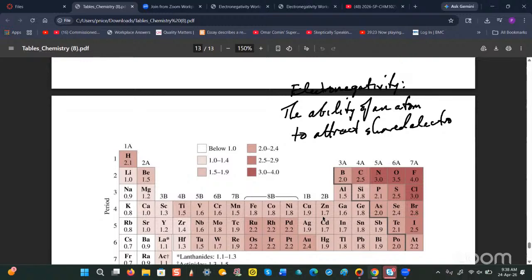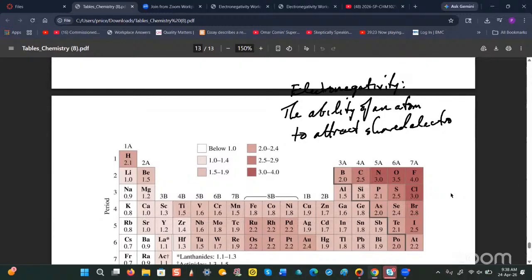And based on his scale, you have this table right here, which has these electronegativity values. The highest possible electronegativity value would be 4.0, which is fluorine. So fluorine is the most electronegative element in the periodic table, right? And there are certain trends that we can observe with respect to the periodic table and electronegativity values.